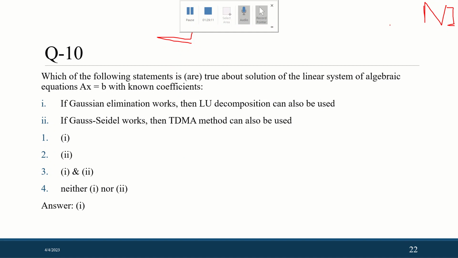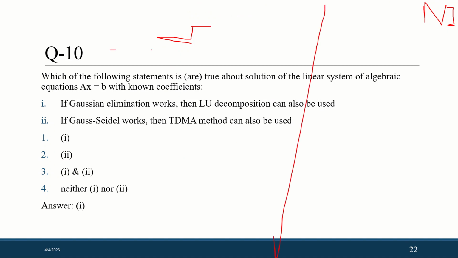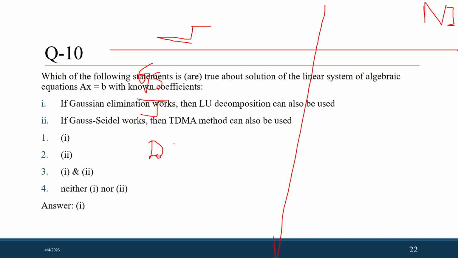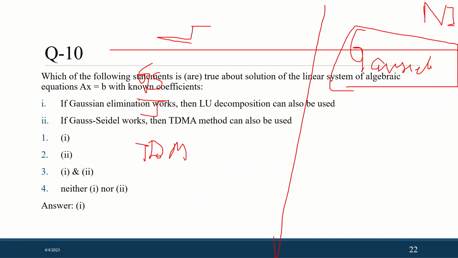In iterative methods, we have Gauss-Seidel, Jacobi, and the tridiagonal matrix algorithm. And in non-iterative methods, we have Gauss elimination and some straightforward techniques like LU decomposition, right?